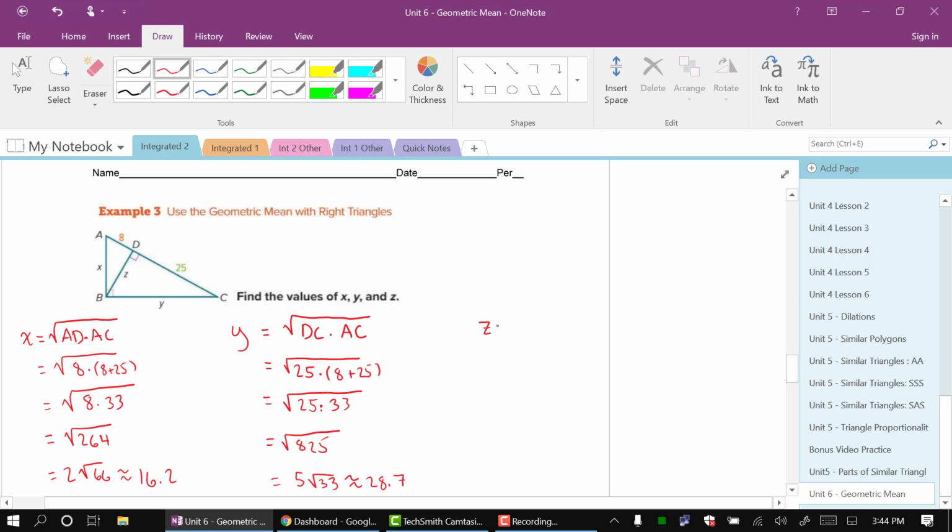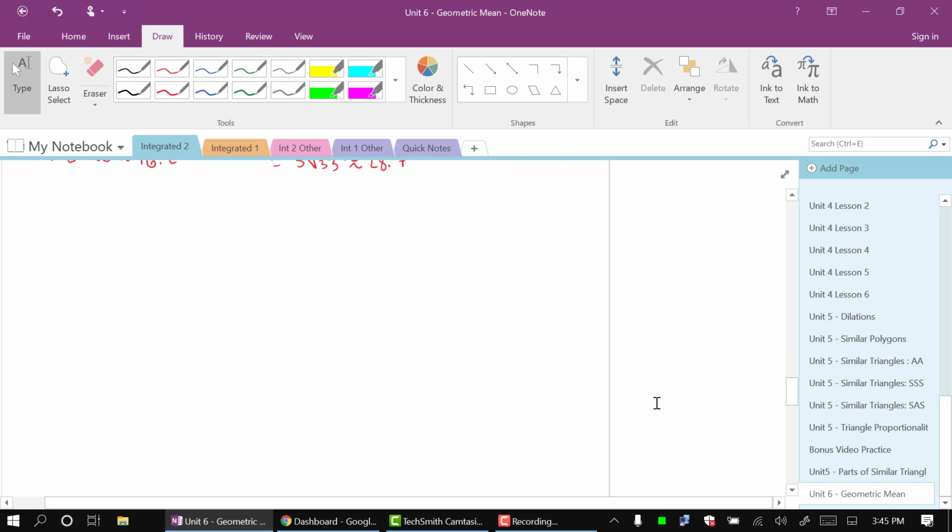So z is going to equal the square root of AD times DC, which is the square root of 8 times 25, which is going to give me the square root of 200, which again is not going to give me a precise number, 10 root 2, which is about 14.1. So when we plug in our values, we end up with 16.2, 28.7, and 14.1. So let's take a look at our next example.